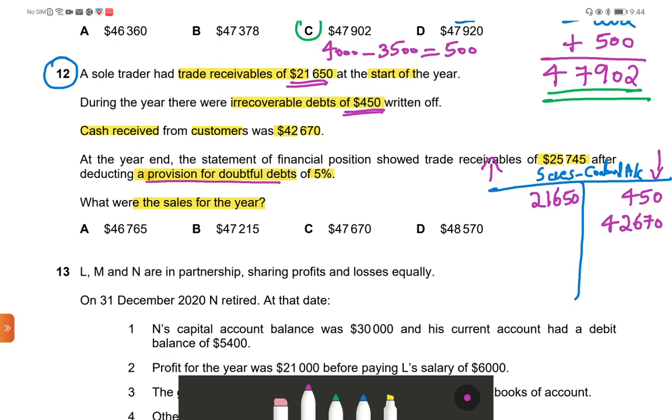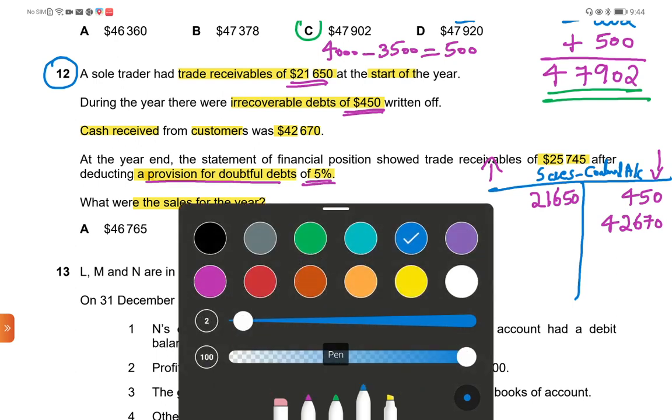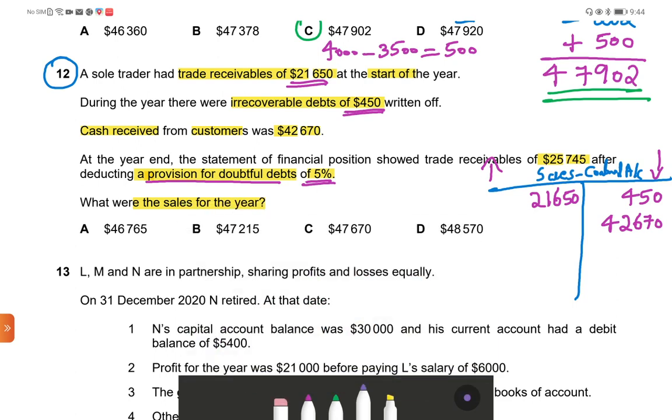So we have to get the trade receivables before deducting the provision. So 25,745 is after deducting 5%, so it is 95%. Our actual trade receivable before deducting provision for doubtful debt is 100.